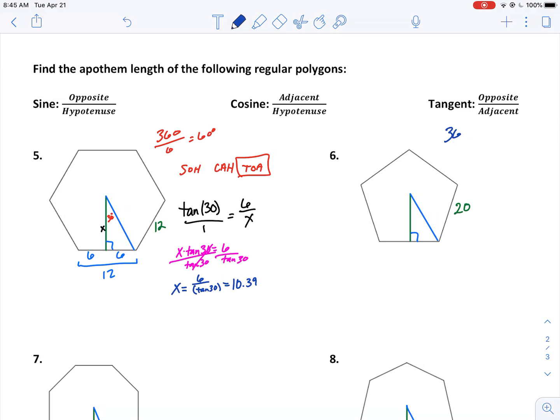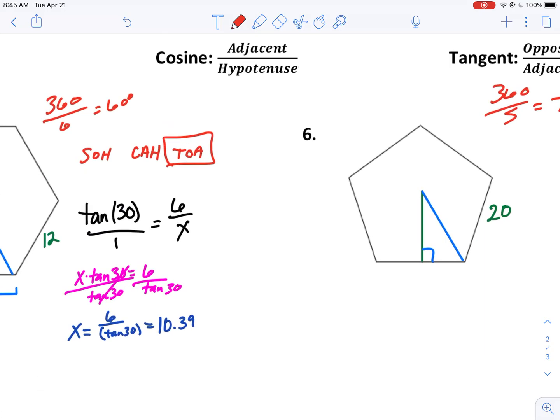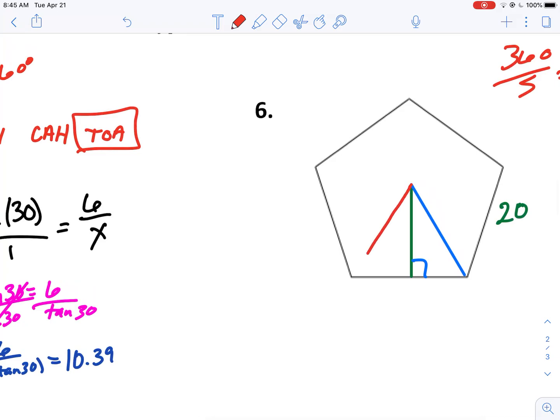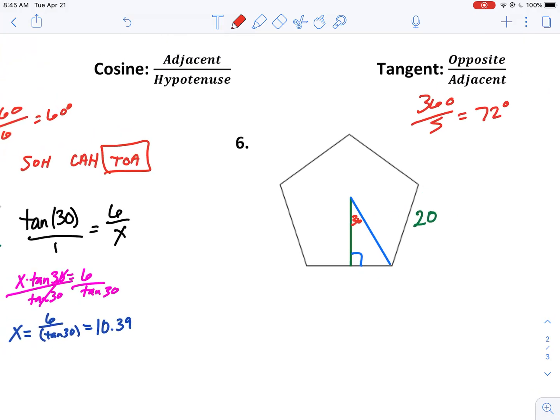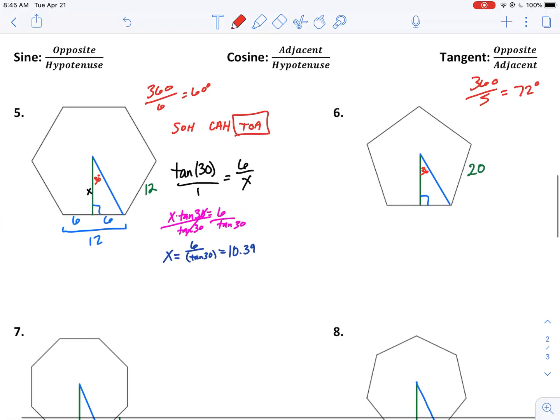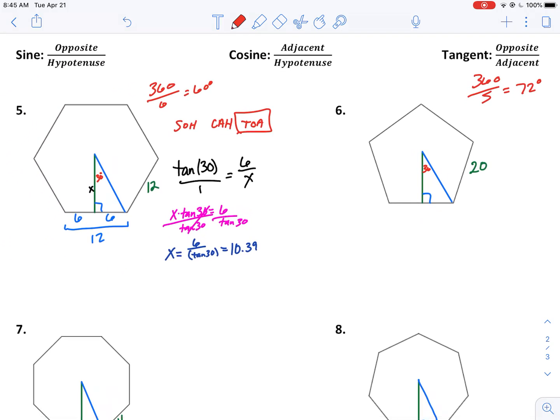Okay, let's try number 6 together. I'm going to leave the last 4 for you guys. I'll post those answers just here in a minute. So let's check out number 6. I've got to figure out my central angle. That should be the first thing I do. So 360 over 5 is 72 degrees.